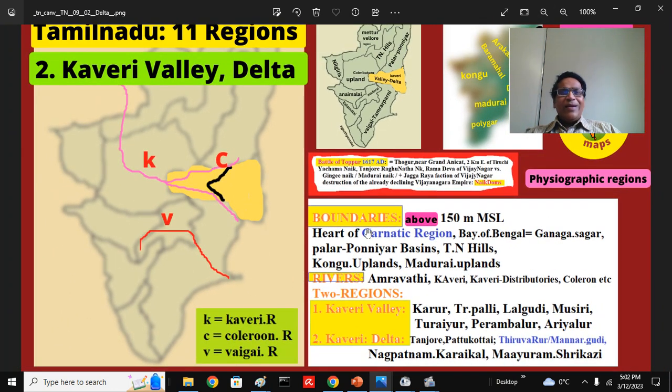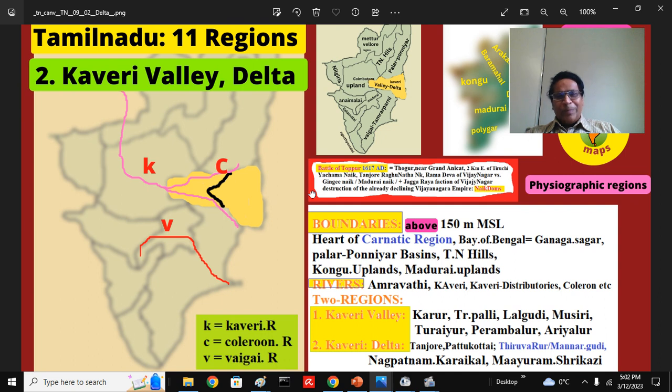The valley and delta is the heart of the Carnatic region. The entire region is called Carnatic, not the Karnataka province. For practical purposes, when we say Carnatic region, think of Carnatic music and Thanjavur. That is the focal point, so this valley and delta is the heartland of the Carnatic region.